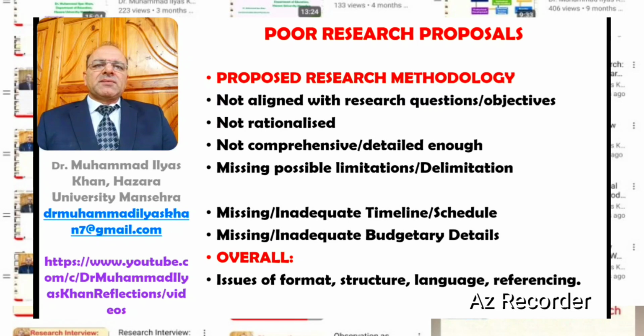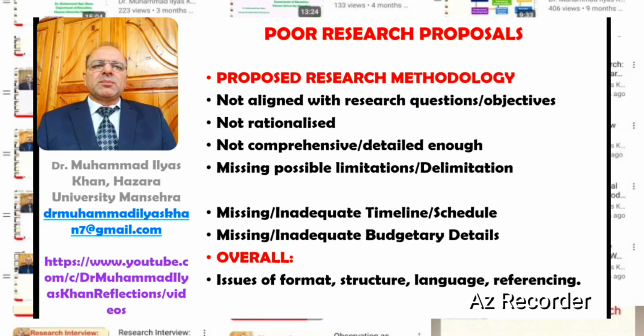Then, if that is not the case, that makes this part of the research proposal weaker or poorer, not comprehensive or detailed enough. It is important that the research methodology section should be comprehensive and detailed. So if it is at a descriptive level and does not adequately and comprehensively present the methodological choices, that will make it a poorer section.